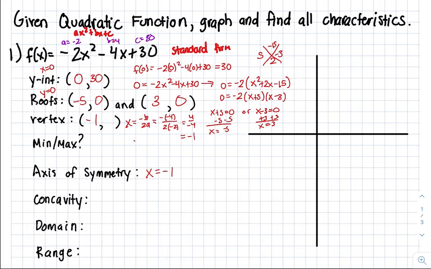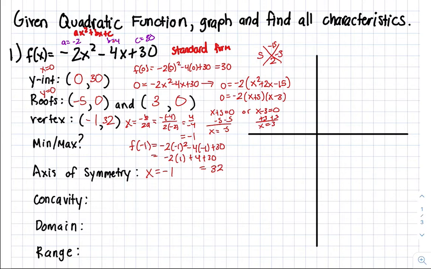So, f of negative 1 is equal to negative 2 times negative 1 squared minus 4 times negative 1 plus 30, which is negative 2 times 1 plus 4 plus 30, which is 32. So negative 1 comma 32 is the vertex.